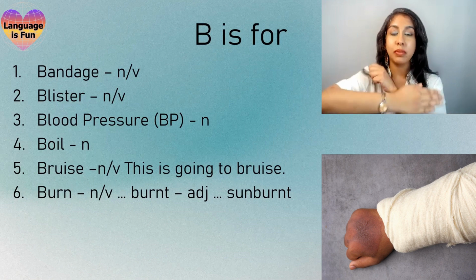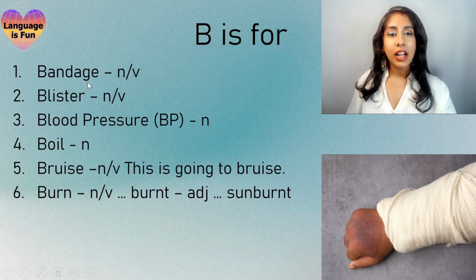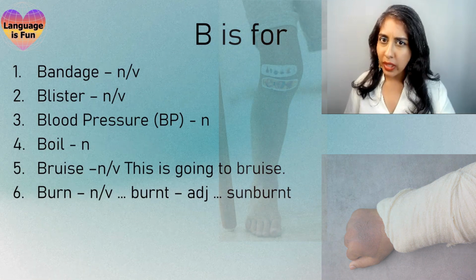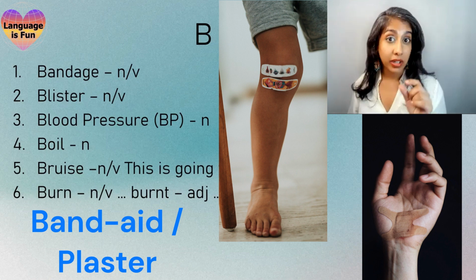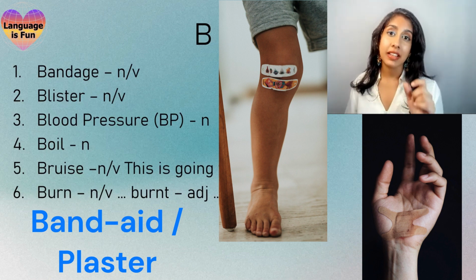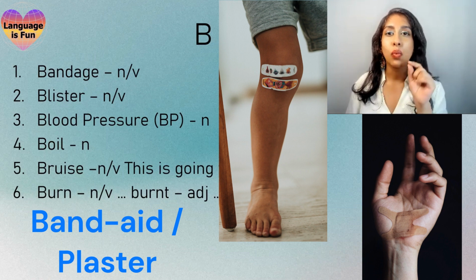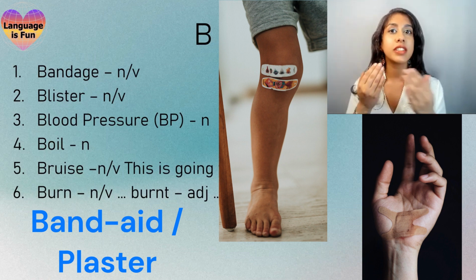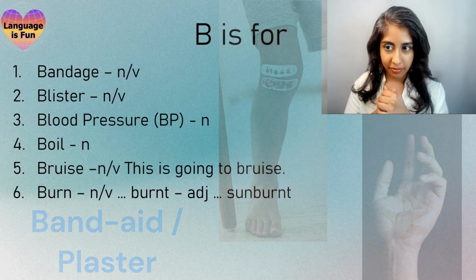You might have to put a bandage around yourself. Now, along with this, I should also include Band-Aid. Band-Aid is maybe an American word. People also say plaster, and these are used for small cuts. They're waterproof. Waterproof means water doesn't go inside, right? And they're also very helpful.